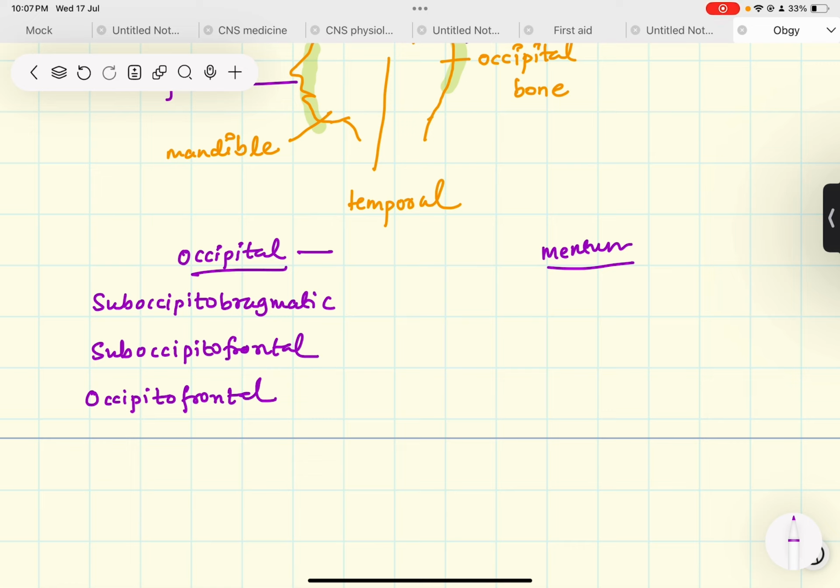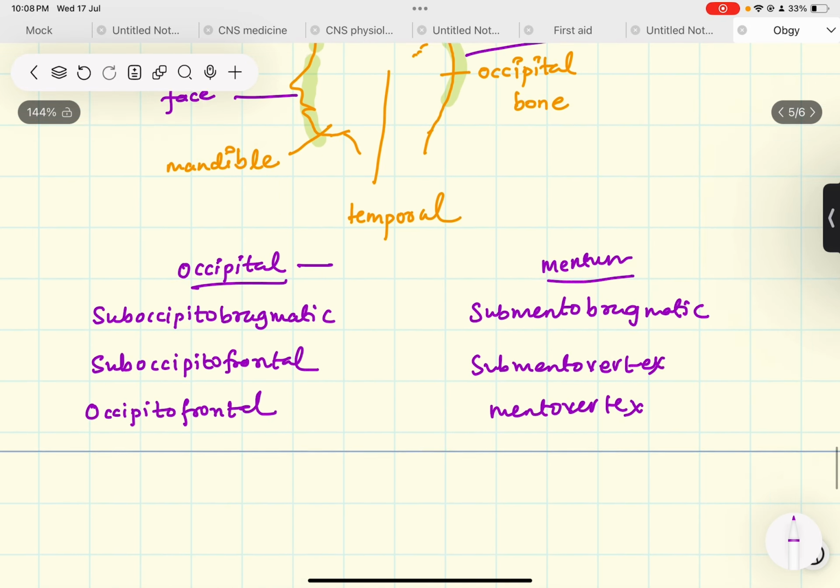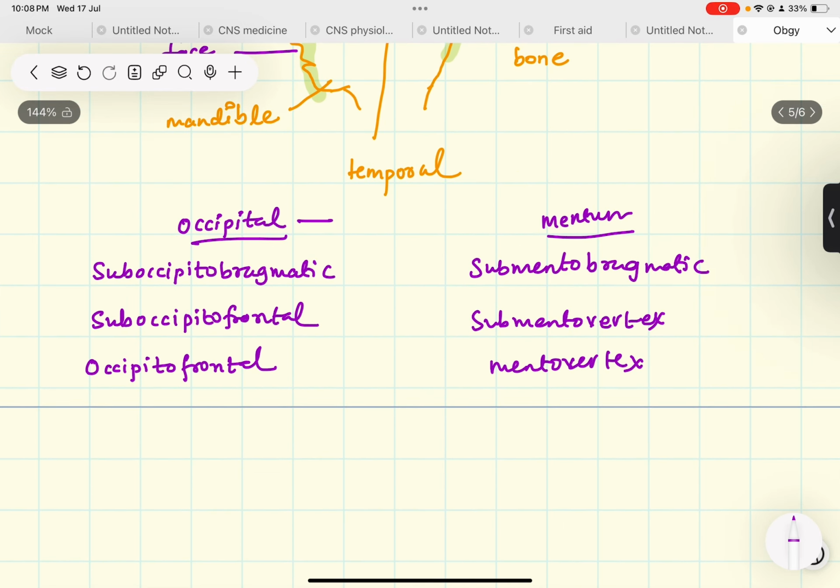Now for mentum, it is submentobregmatic, submentovertex and mentovertex. So it is easy, no? You can remember it like that.